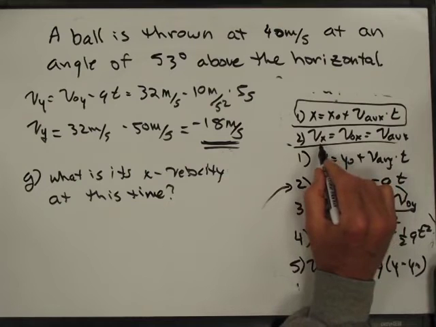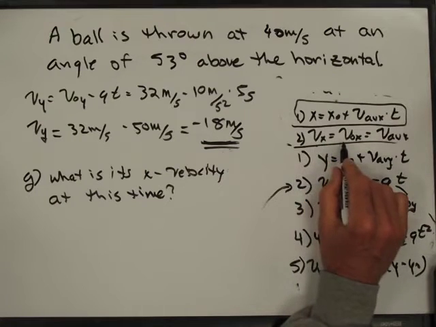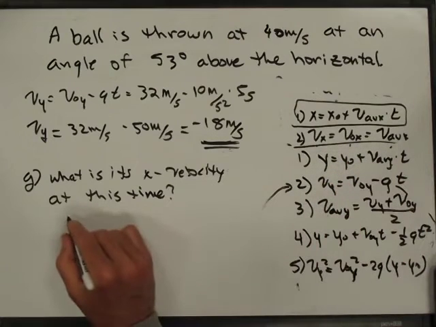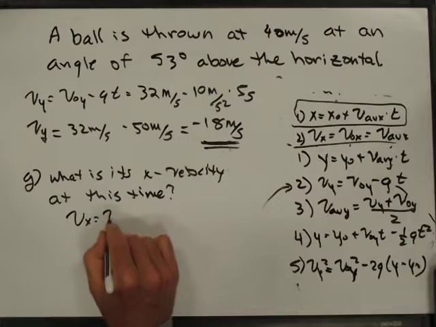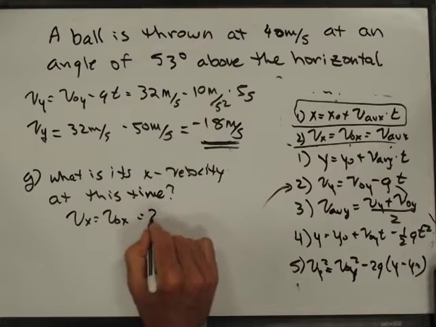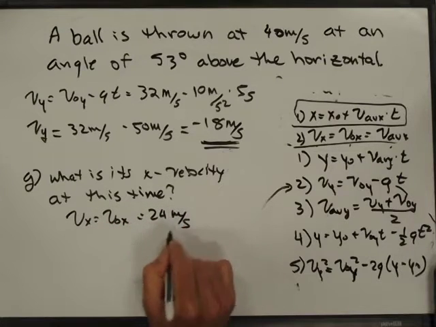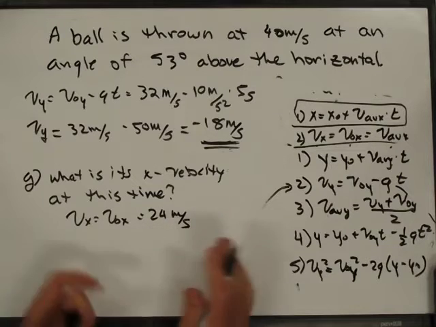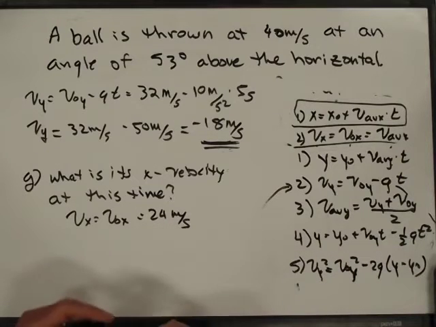The velocity at any time doesn't change. The final velocity in the x direction equals the initial velocity in the x direction equals the average velocity in the x direction. So Vx is equal to V naught x, which is 24 meters per second. So we could just answer all kinds of questions about the trajectory of this ball and what direction it's going and so on.